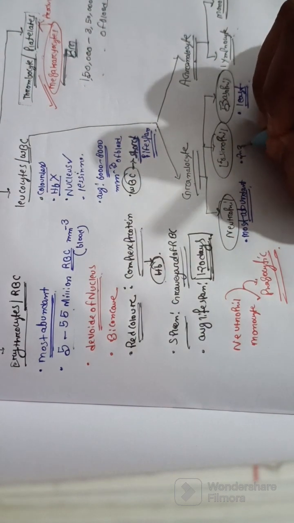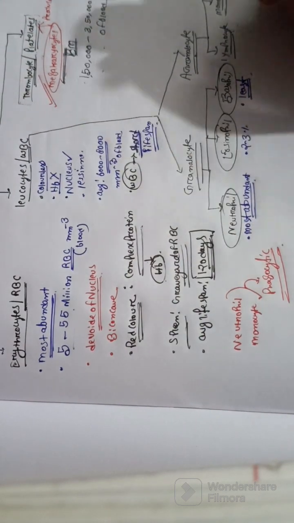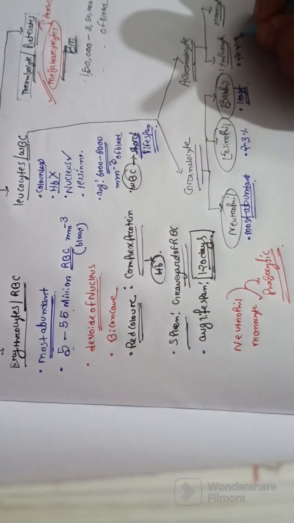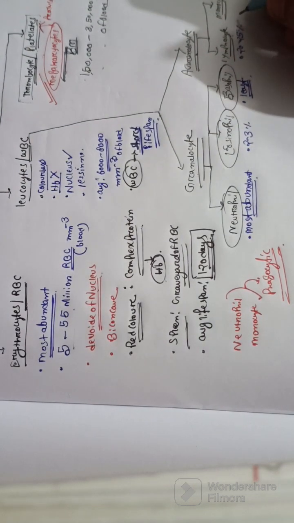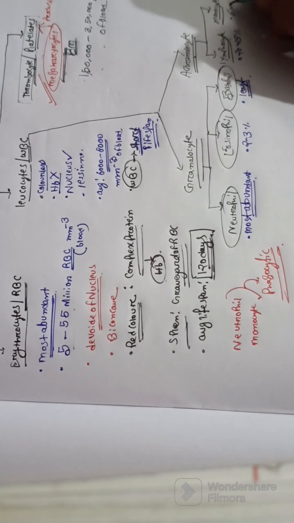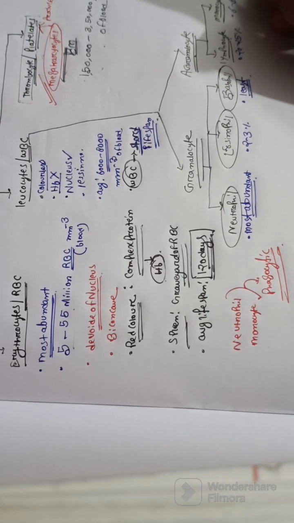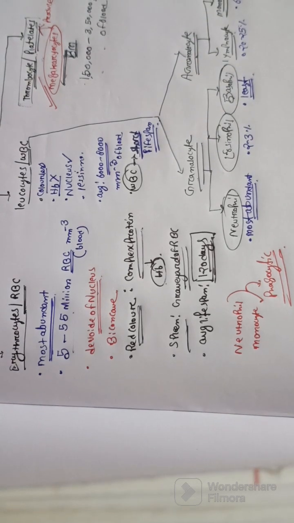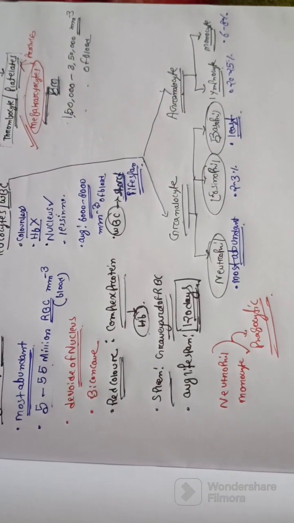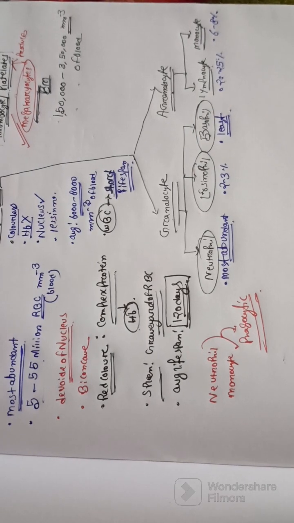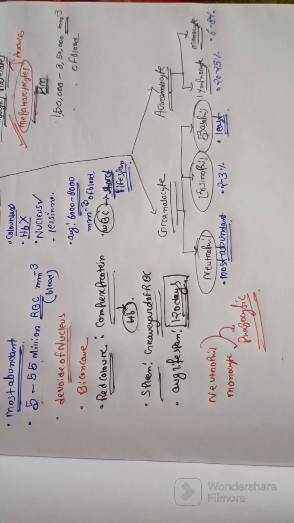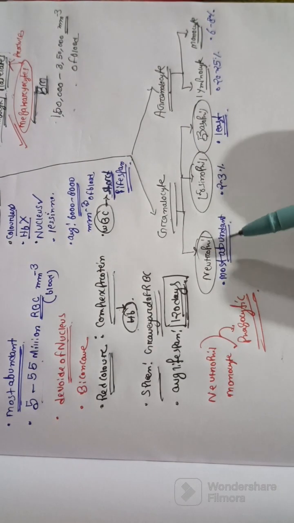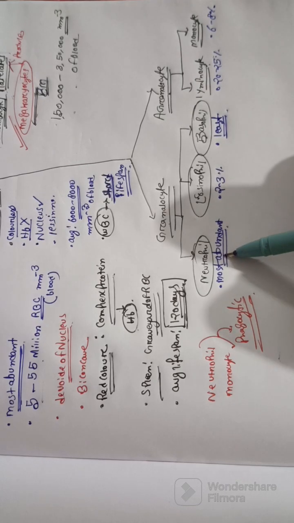Eosinophils constitute 2 to 3%. Lymphocytes constitute 20 to 25% of WBCs. Monocytes constitute 6 to 8%. Neutrophils constitute the most part of the WBC.